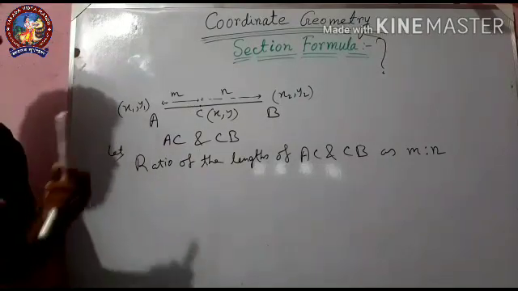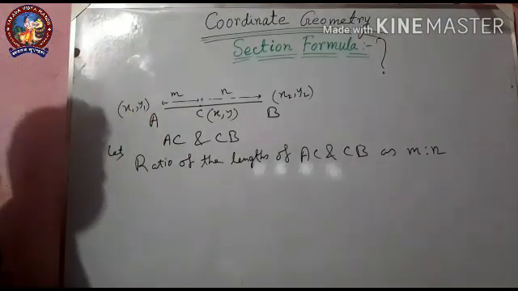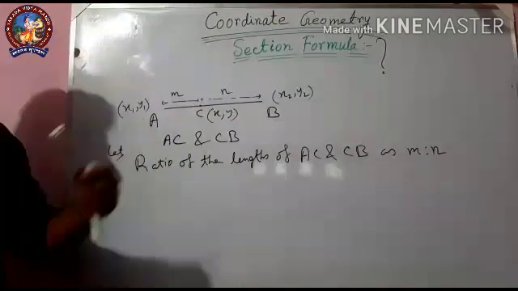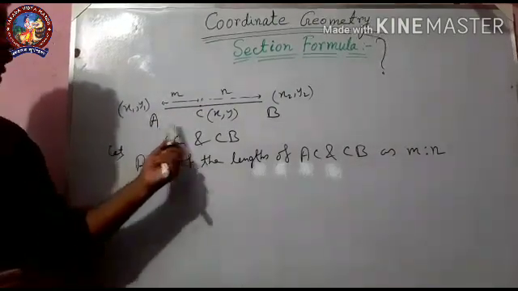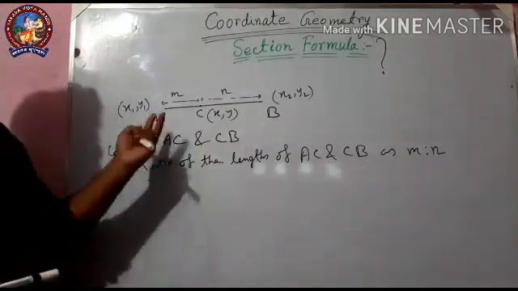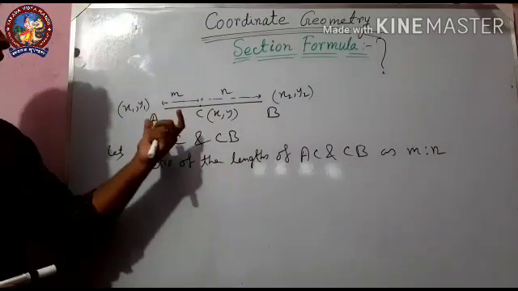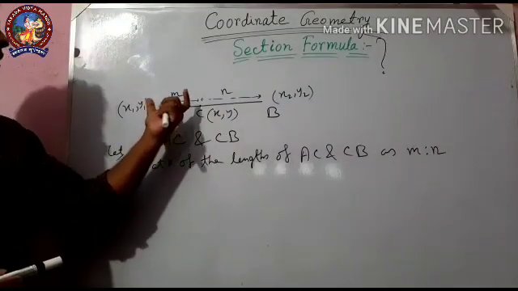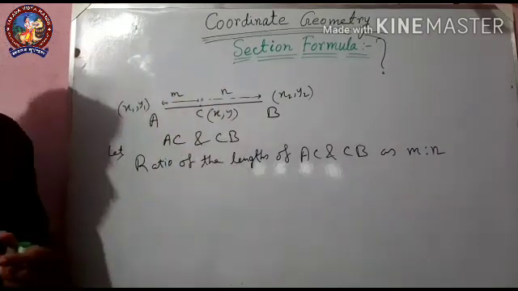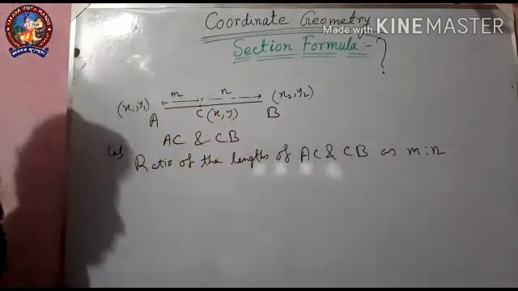Now by section formula we can find out the coordinate of the point C, where the line segment AB is divided into two parts AC and CB internally, where the ratio of their lengths is M is to N.